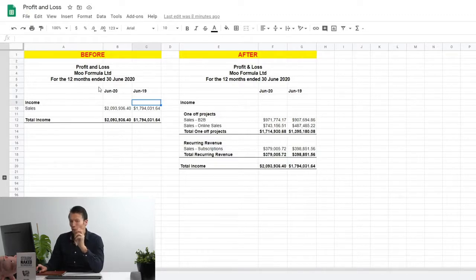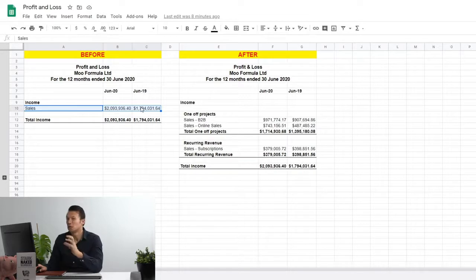As you can see, all of the sales for this business is allocated into one line item on the P&L. So currently it doesn't tell us anything about the sales channels that these sales are being derived from, or how predictable they are. So what we're going to do is a little bit of work to restructure this chart of accounts. Now, because this is an e-commerce business, I'm really interested in understanding the sales channels this income is derived from.